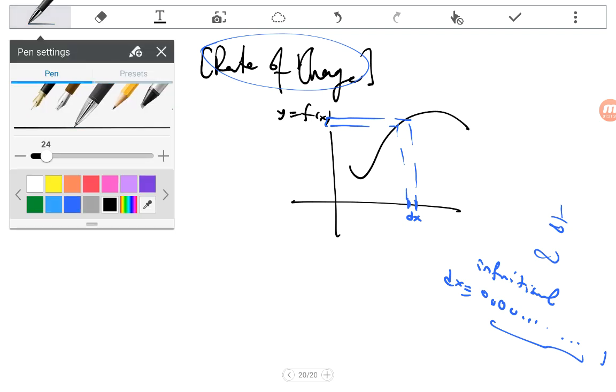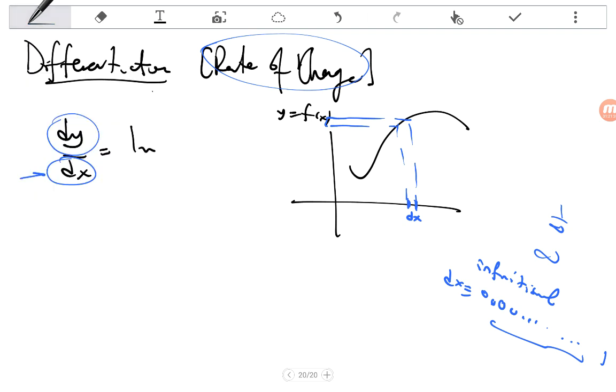The definition of this is the limit as delta x goes to 0 of f of x plus delta x minus f of x, over delta x. Here this is x, this is x plus delta x, this is f of x, and this is f of x plus delta x.